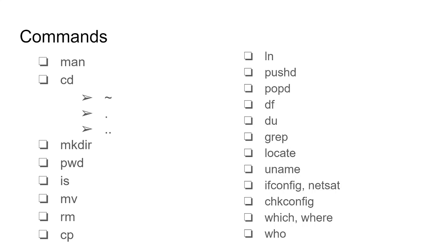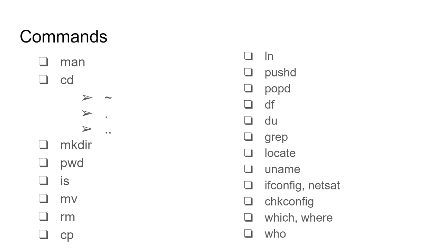Uname is again to find the system, find the file that is not actually editable, like for example some configuration files, some command files that you have that will be there in this uname. Next is ifconfig and netstat, that is nothing but network status, how the system is connected and what the network is actually doing.